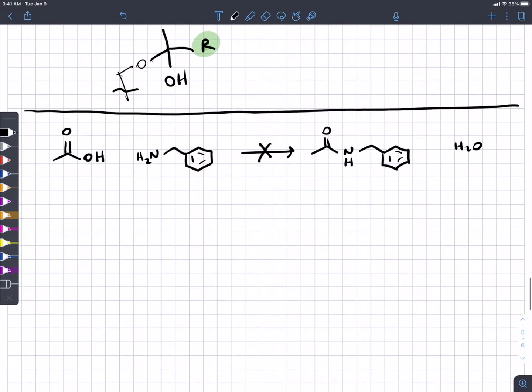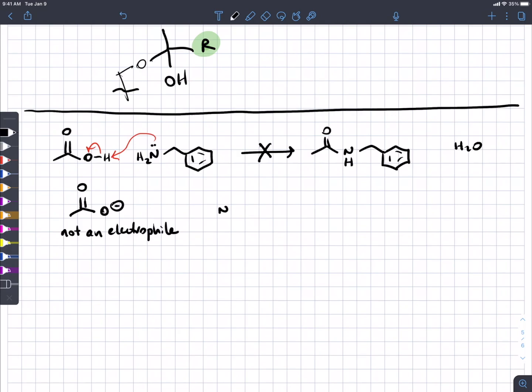And the reason it doesn't happen is it's more thermodynamically favorable and faster for nitrogen, which is a base, to remove a proton from the carboxylic acid. At that point, you have the negatively charged carboxylate, which is no longer an electrophile. It's not an electrophile because it's actually negatively charged.